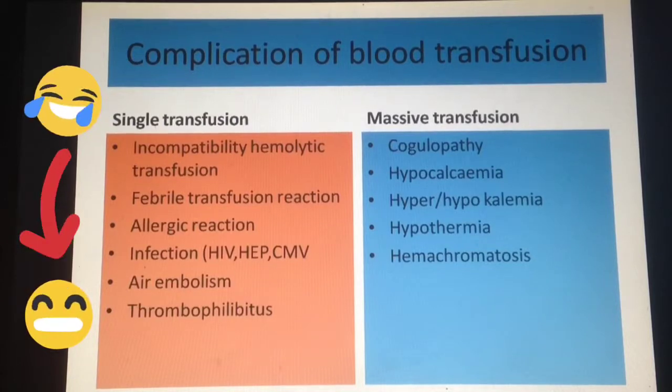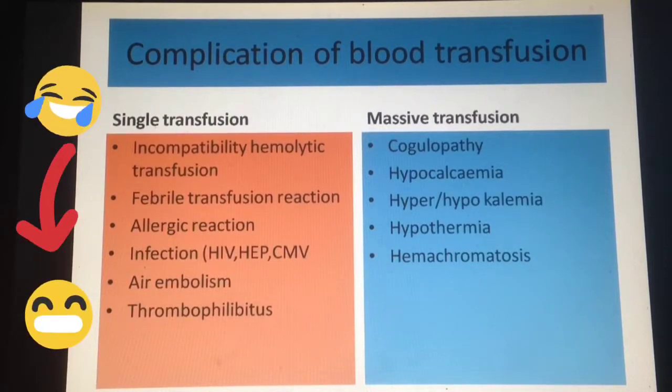Then if you give a patient a massive transfusion, the complications that would be caused are coagulopathy, in which the coagulating proteins are non-functioning or decreased, hypocalcemia, hyper or hypokalemia, which is a decrease in potassium, hypothermia, and hemochromatosis. Because you are giving a lot of blood, there will be a lot of blood breakdown after 120 days or less, depending on the lifespan of the RBC.